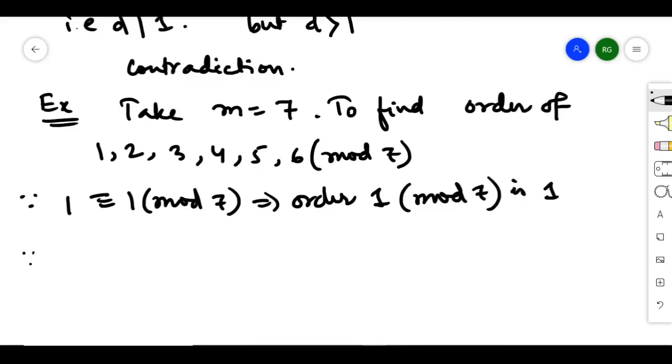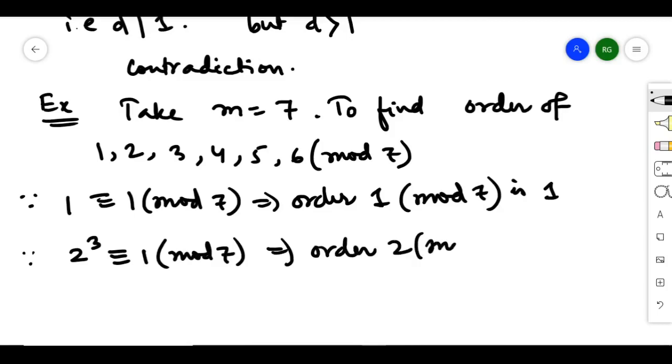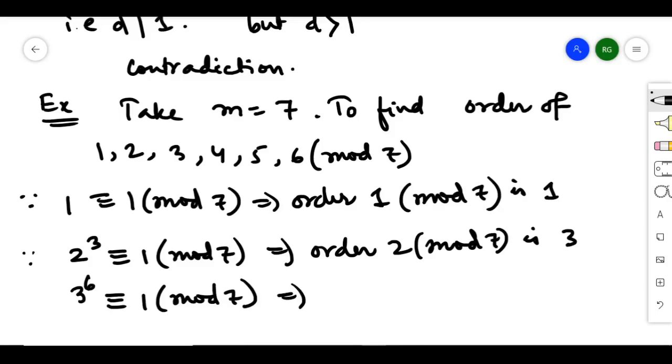Then 2 cube is congruent to 1 mod 7, because 2 cube is 8, 8 minus 1 is 7, and 7 is divisible by 7. So the order of 2 mod 7 is 3. Then I have 3 to the power 6 congruent to 1 mod 7. This gives the order of 3 mod 7 is 6.